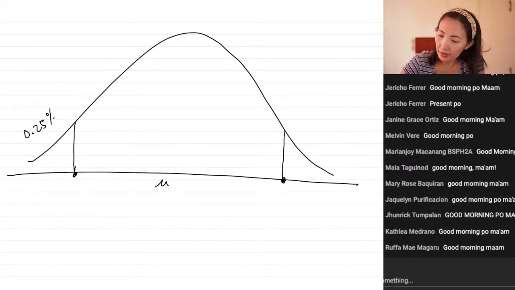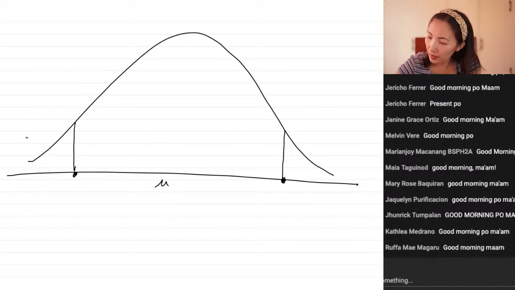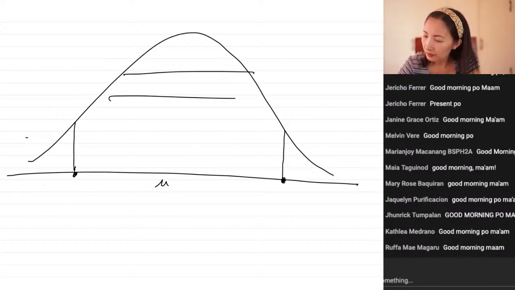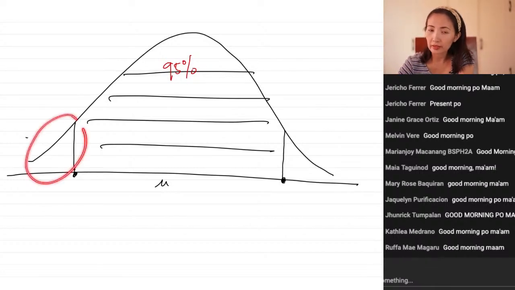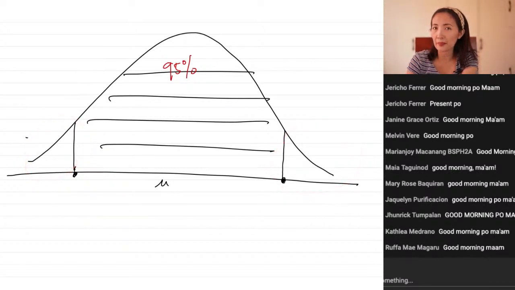The total area here is 95%. The two tails that we have excluded, if we get the sum, would be 5%, because 1 minus 95% is 5%.